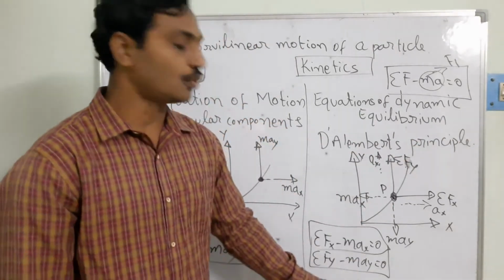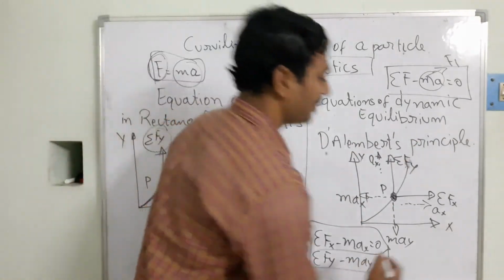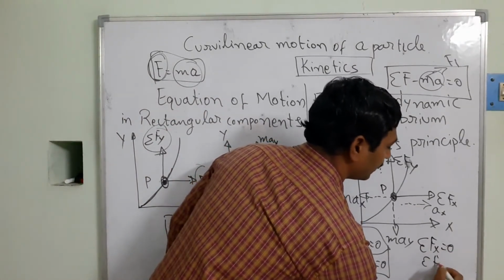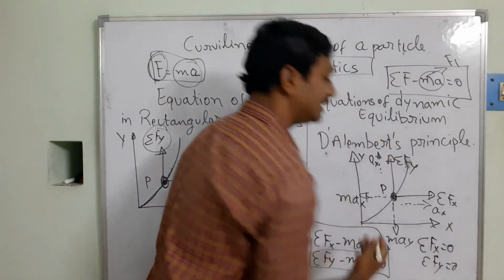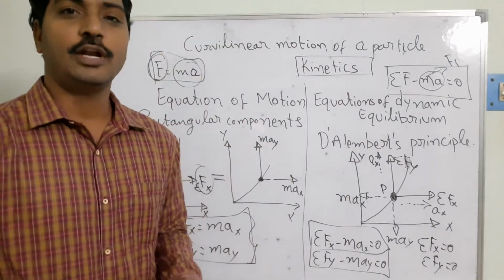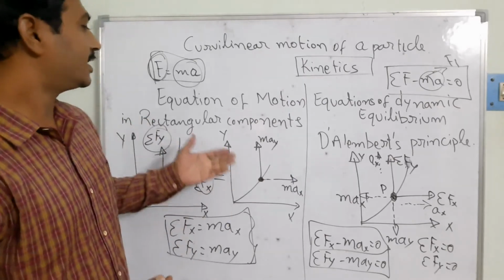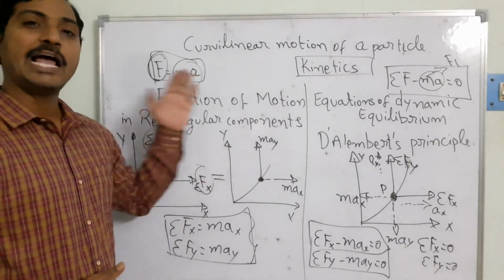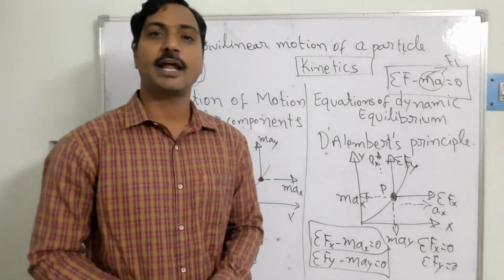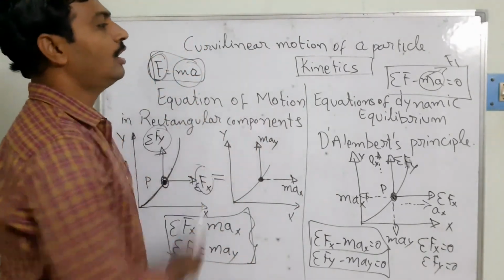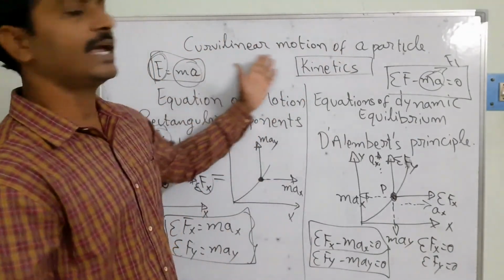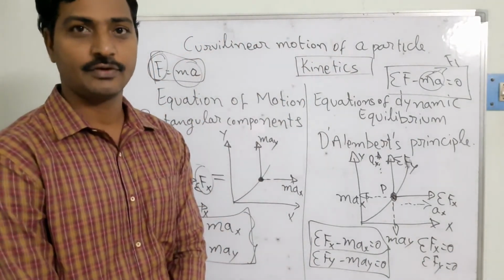Further, we can simplify these equations and write sigma f of x equal to 0, sigma f of y equal to 0 also. This way also I can write it, right? Suppose if there are other components we can use them too, such as the normal as well as the tangential components. I hope you are able to understand what the equation of motion and the equations of dynamic equilibrium are when a particle is moving in a curvilinear path, right?